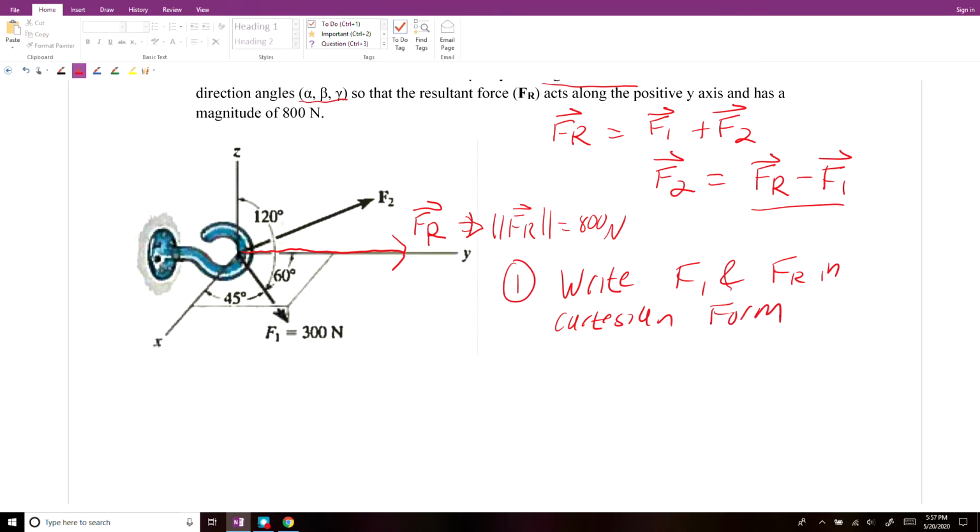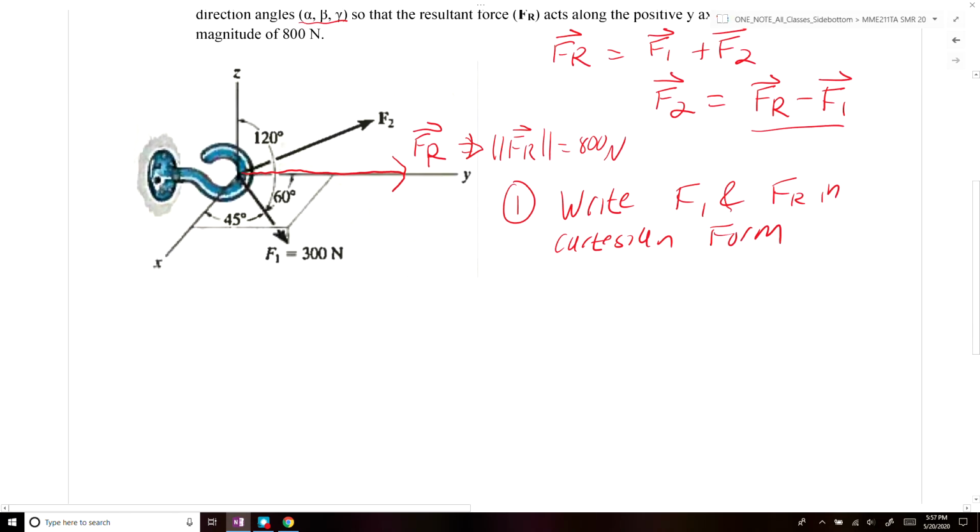To do that, for force 1, we know its magnitude is 300 newtons, and we can multiply that magnitude by the unit vector of force 1.